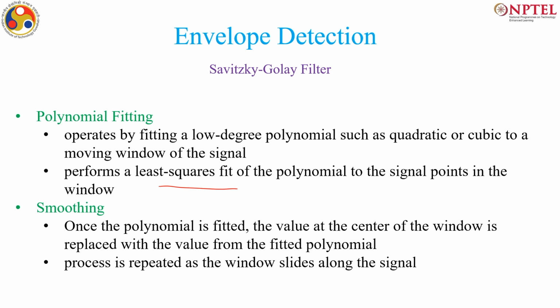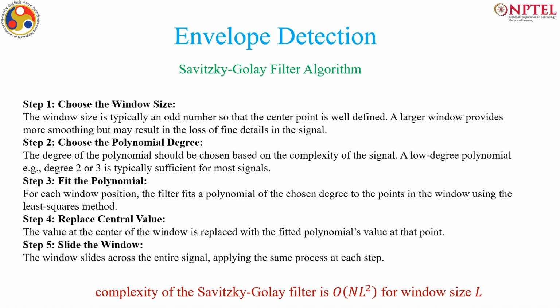This will typically smooth the signal, and the window needs to be moved from one place to another like a sliding window. This is the typical algorithm of the Savitzky-Golay filter, where first you have to select the window size and then the polynomial order, typically an order 2 or 3 is sufficient for most signals, and then we have to fit the polynomial.